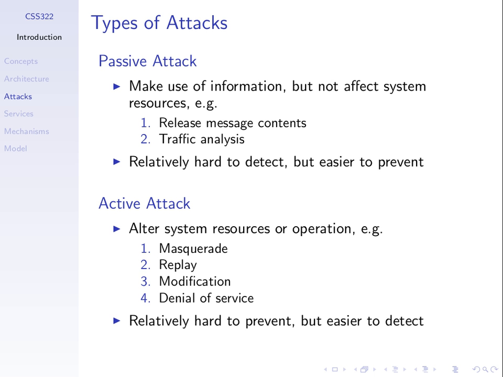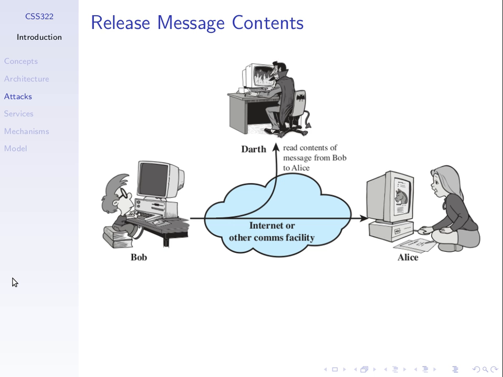So we need to prevent it, and generally easier to prevent. Whereas the active attacks, hard to prevent, but easier to detect. If they happen, we can detect them quickly.